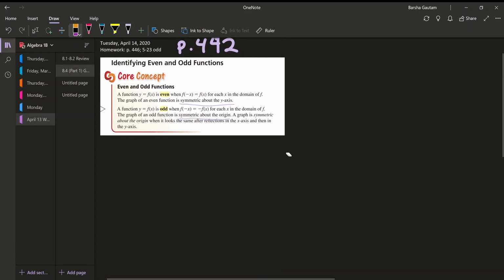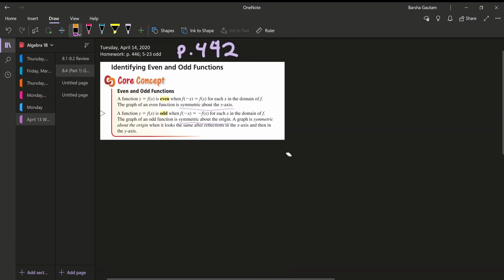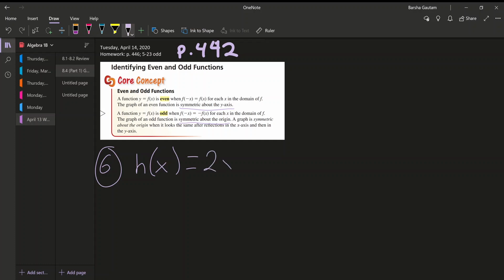All right, let's try another one. This one will be number 6. Okay. So we have h of x is equal to 2x squared plus x minus 2.